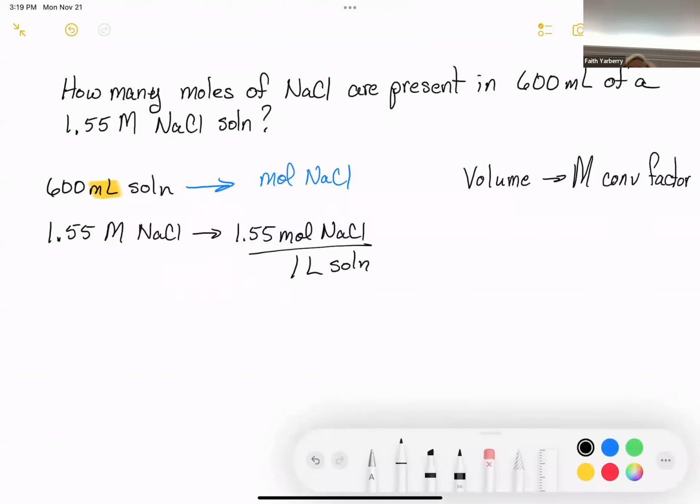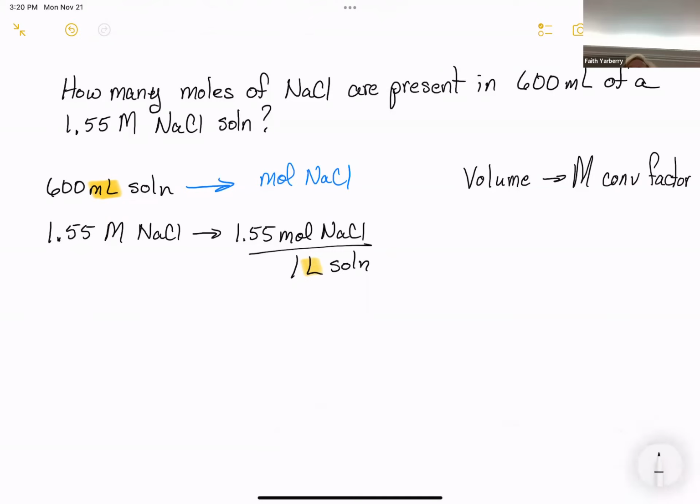Now, to be able to use this volume conversion factor, I notice that I need the volume in liters. So I'm also going to need a second conversion factor. I am going to need a metric prefix conversion factor.